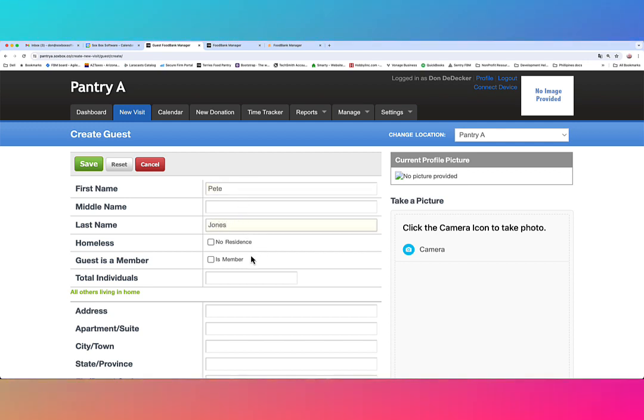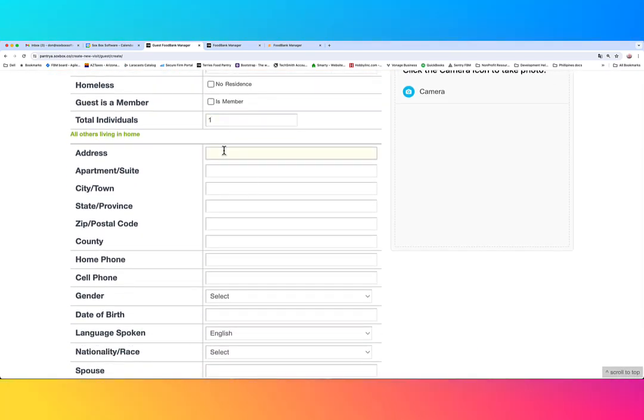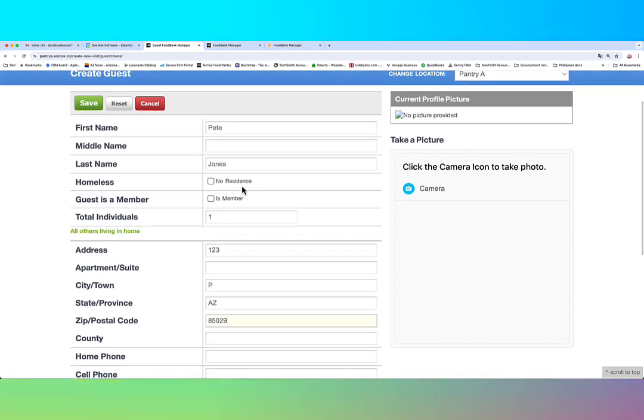We'll just do it really quick. Total individuals 1, and then we're going to do a simple address, 123 city P, state AZ, zip code 85029. Let's just keep it simple, easy, just so we can do the demo, right? And I'm going to save.